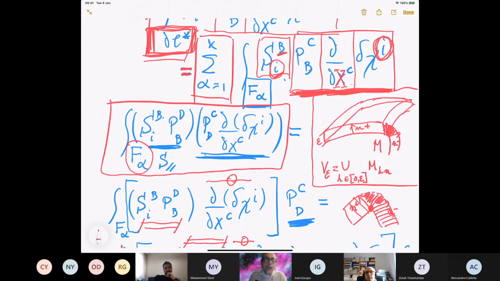So from the point of view of our integration by parts, this is a vector, because this index is not involved in the differential geometry of the Lagrangian description.